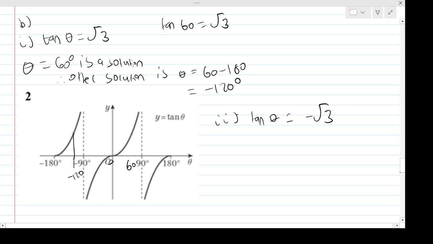So this tells me at 60 here is when it's root 3. But then minus root 3 would be the negative version of it down here, right? So again then, I need to sort of read off the graph there, right? So then when does the graph cross minus root 3? So actually then it'd be that point and that point there, right?